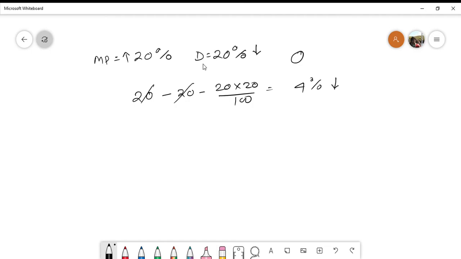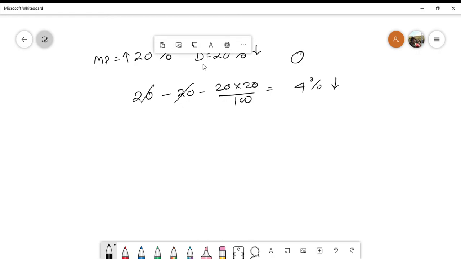So we should not just jump to an option where it is zero. We should think it through, since it is a successive percentage scenario, we cannot just add the percentages together.